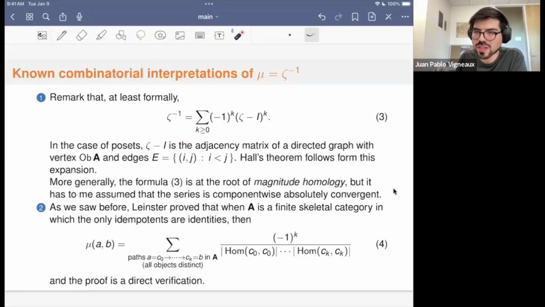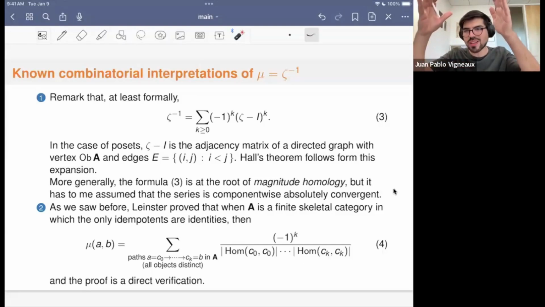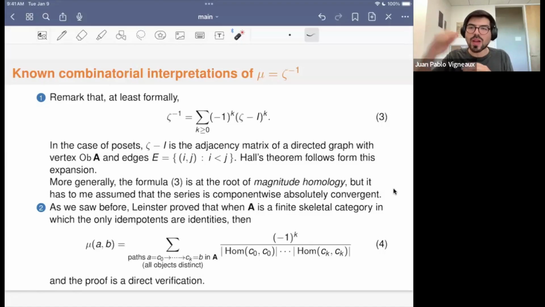In a poset everything is unidirectional, so for a finite poset at most you can have a path of length the height of the poset. But if you have a category, now you can come back. Things are not unidirectional anymore. So even if you have a finite category, you can have infinite paths within the category, and you cannot a priori bound this sum. It's a series, and it could be a divergent series.